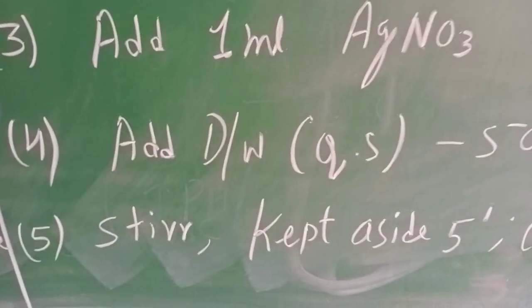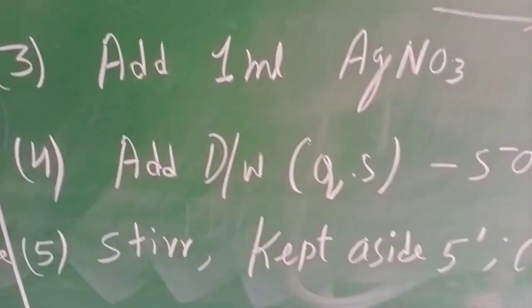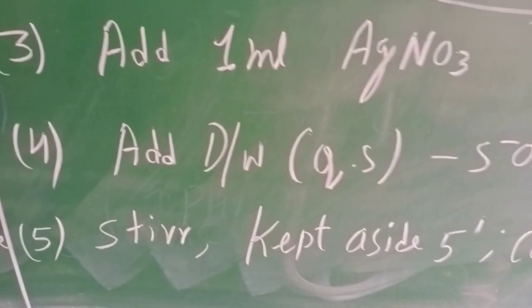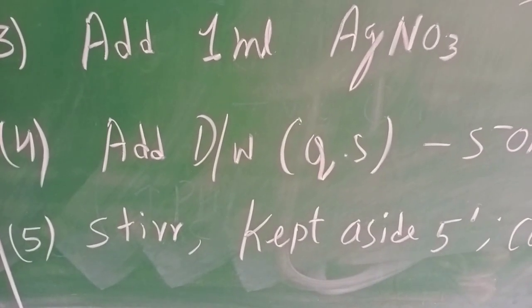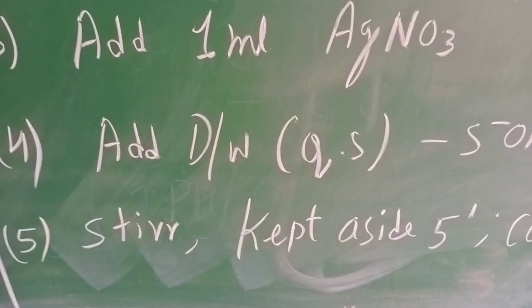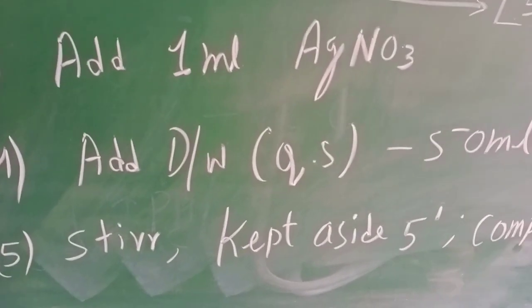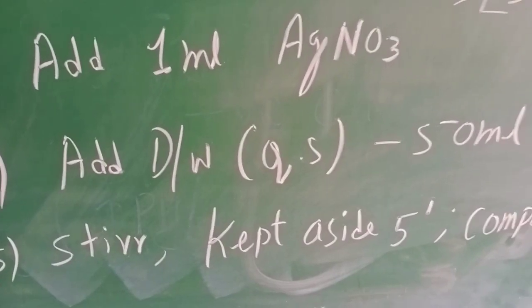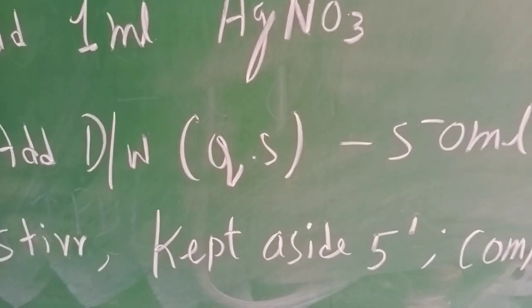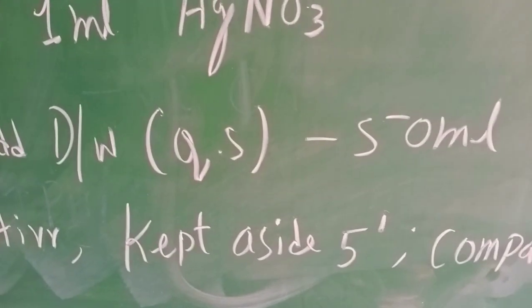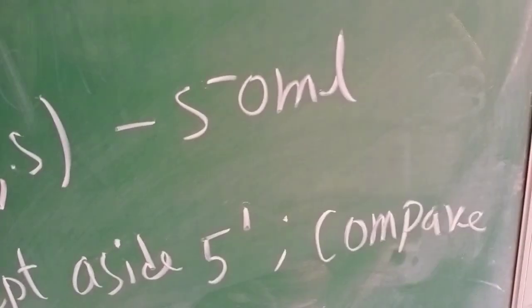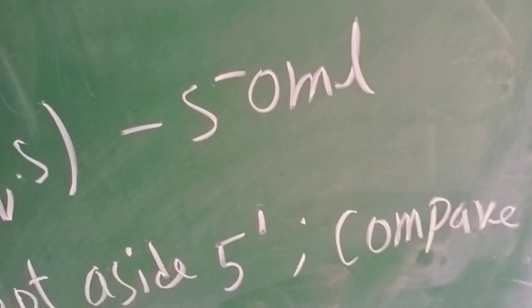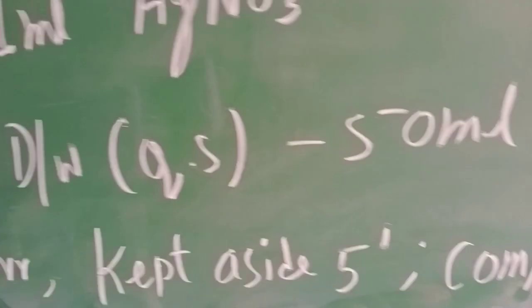We have to stir our content gently with a glass rod, and the standard solution is then kept aside for 5 minutes, and after 5 minutes the opalescence or the turbidity produced is further compared for the outcome.